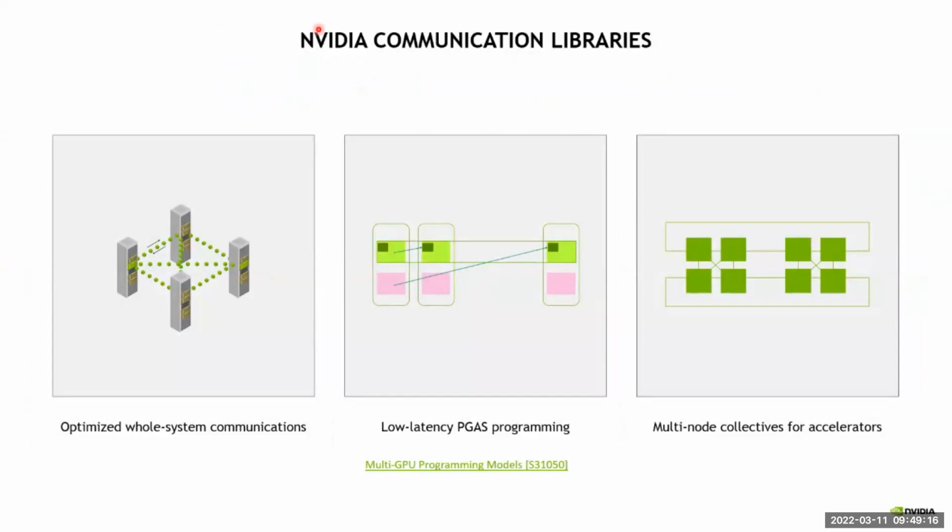And lastly, I'm going to talk a little bit about our communication libraries. We do provide libraries that are optimized for communicating across the entire system. So not just with the GPUs within your node, but across entire systems, including low latency PGAS programming models, partitioned global address space programming models, such as NVSHMEM, and accelerated collective operations as well.